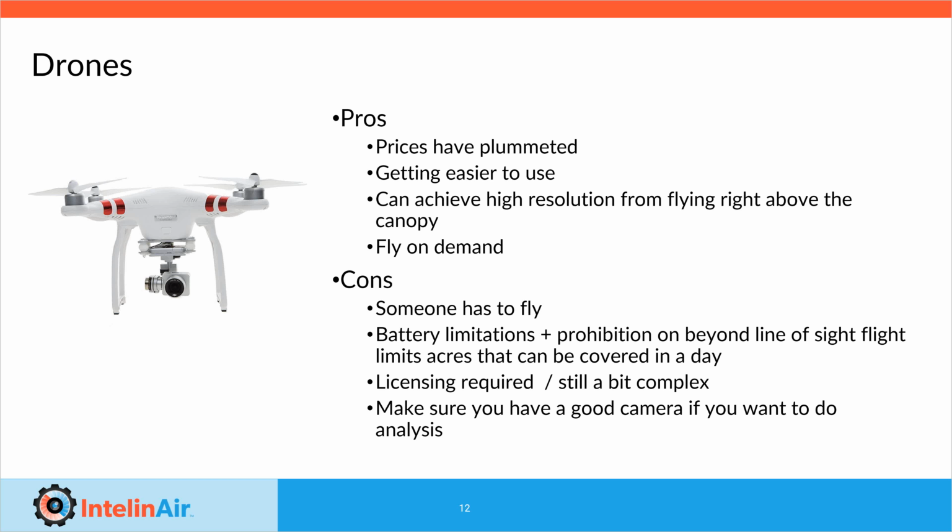Certainly for visual crop scouting with, for example, this Phantom, they're pretty easy to use and you can just see a live view on your smartphone. You can get extremely high resolution because you can fly the drone, if you wanted, literally right above the corn or soybean plant. You can fly them anytime you want.